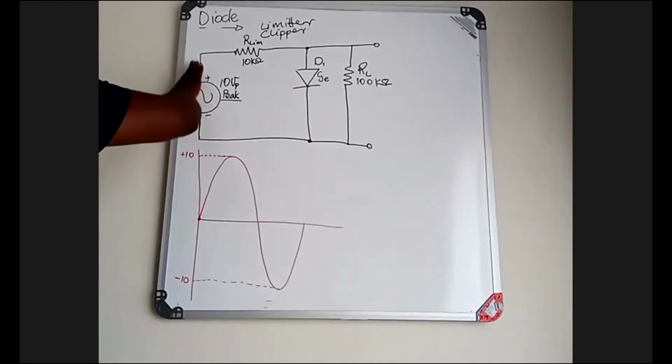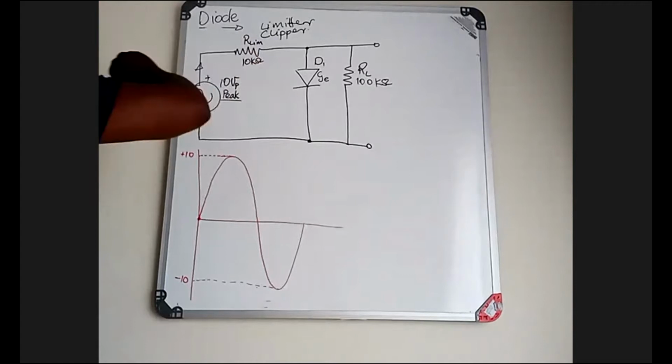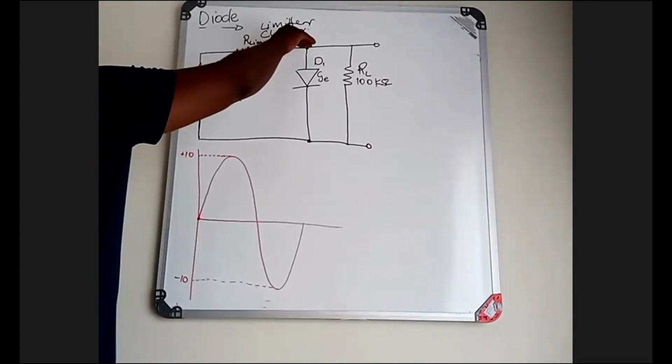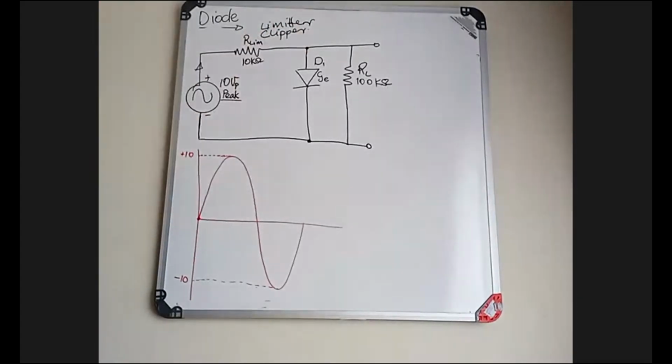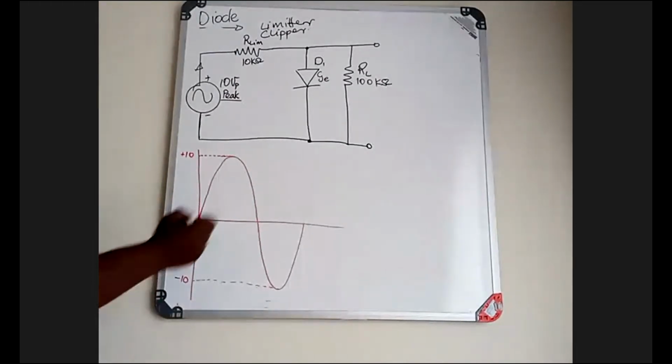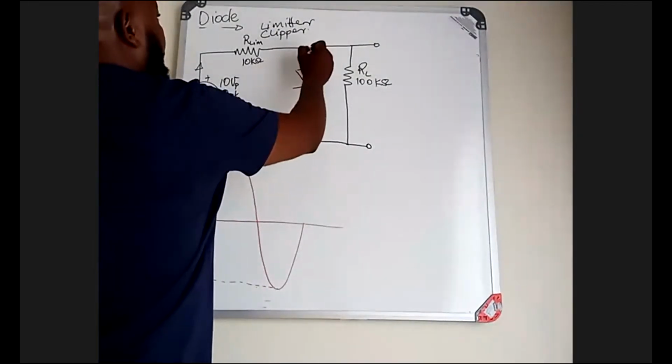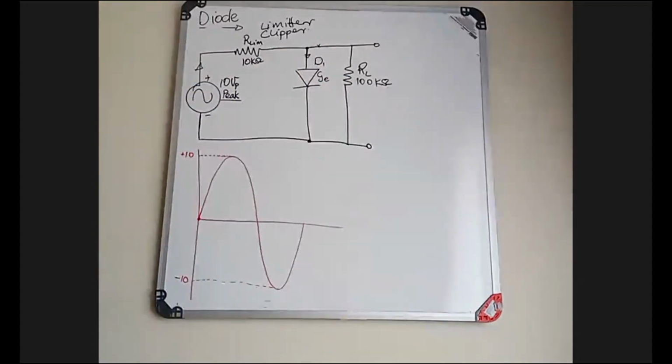Current will flow through the conducting wire, R limiter, and continues flowing. But when it gets to the junction, what does it see? It sees a junction where it knows it is going to split in that direction and also in that direction, so it splits into two directions.